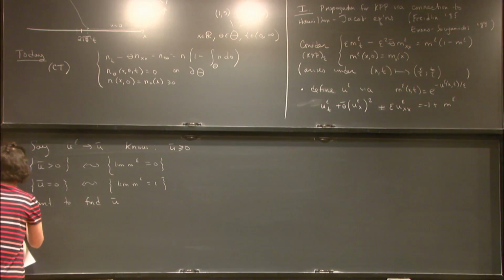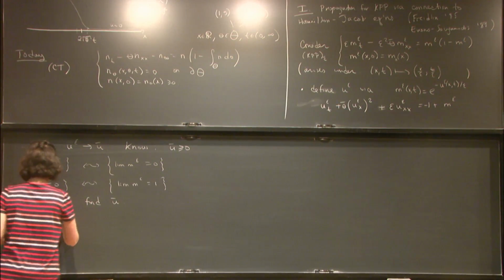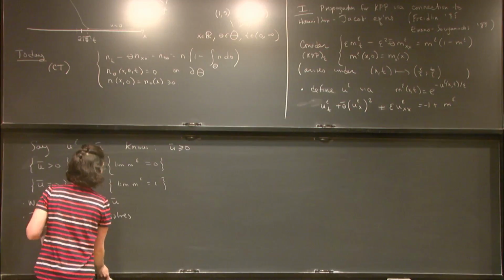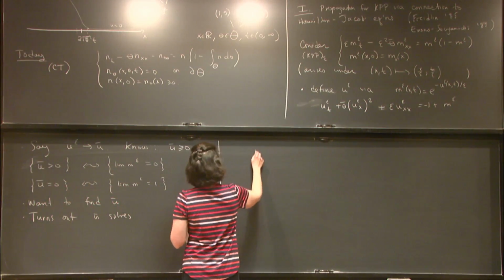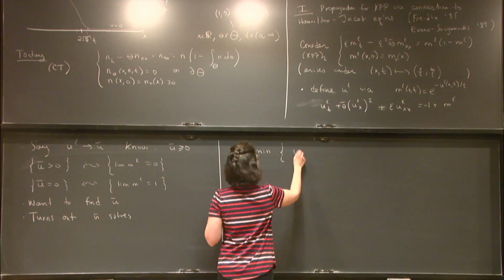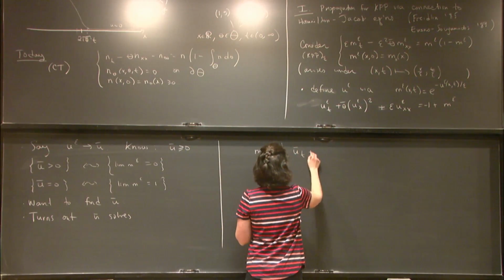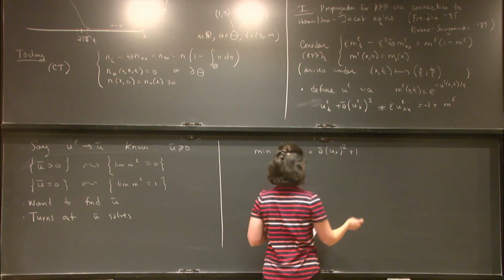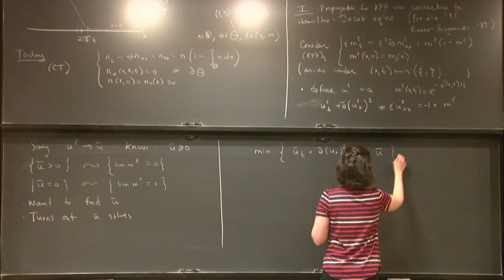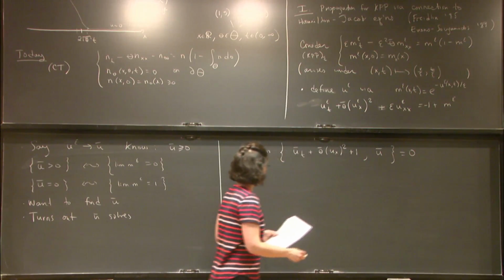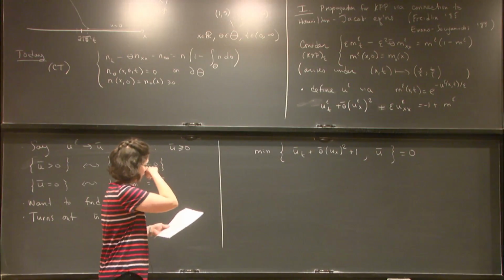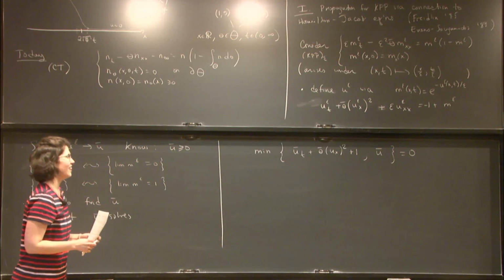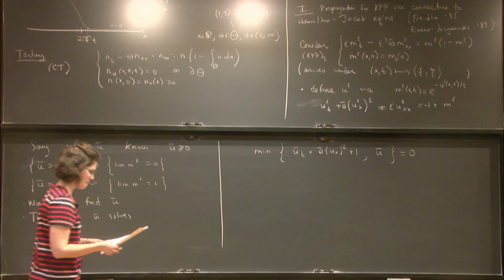It turns out u bar solves the following. There's the equation you would expect, but it's the minimum of this and u bar itself, and this is 0, with some initial data. The proof takes maybe 2 minutes, but I don't want to use those 2 minutes for this.